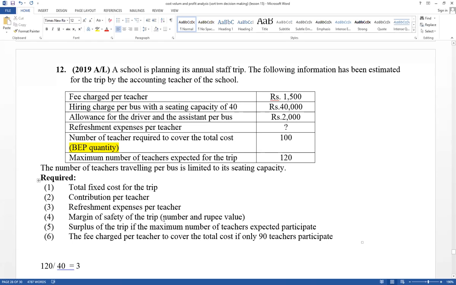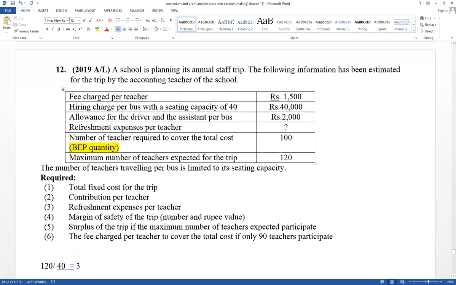Margin of safety means beyond the BP. The BP quantity and the expected number of teachers are given. Think about beyond the break-even point: that is the margin of safety. If you multiply it by the selling price, you get the value. Therefore, the fourth one has margin of safety quantity and margin of safety value.